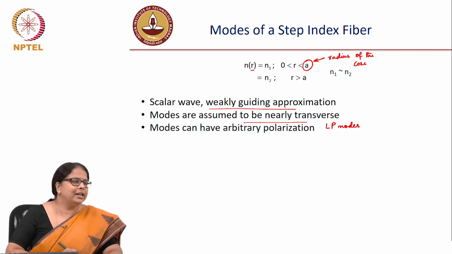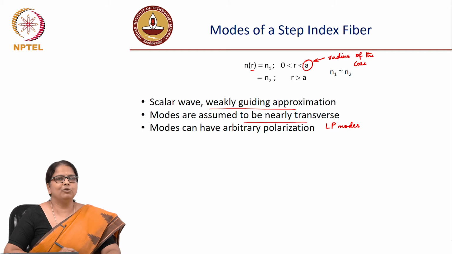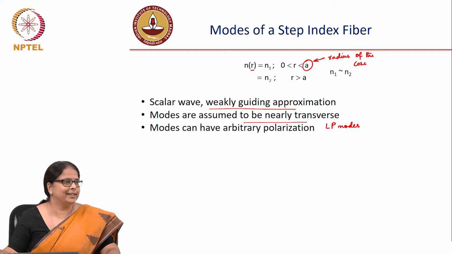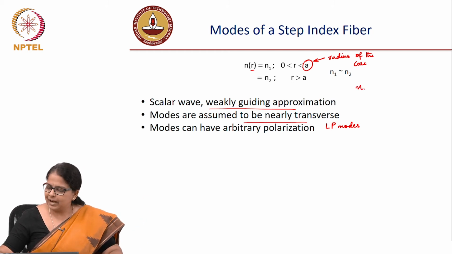Now, what is this weakly guiding approximation? Do not go by the English and think that the fiber is weakly guiding and so all the energy is lost. It is not like that. It simply means that N1 minus N2, where N1 is larger than N2, the difference is very small.